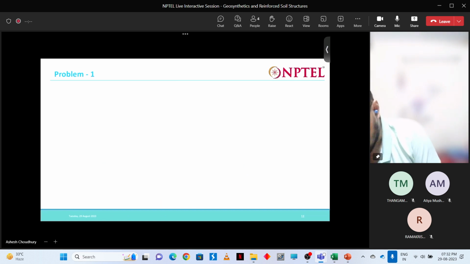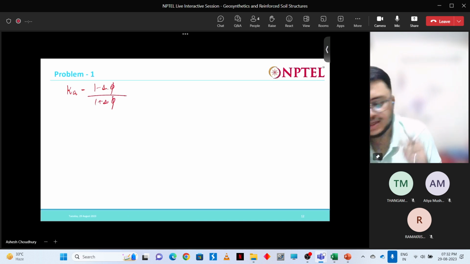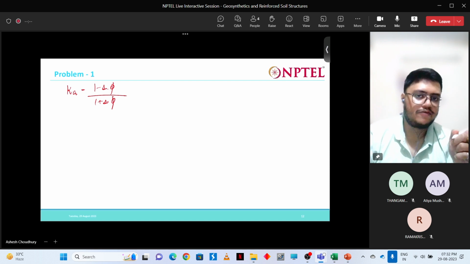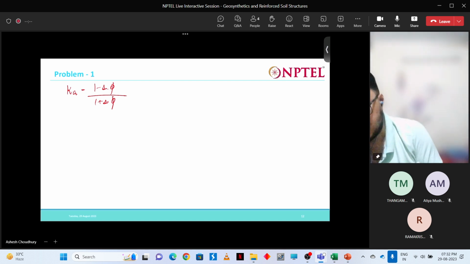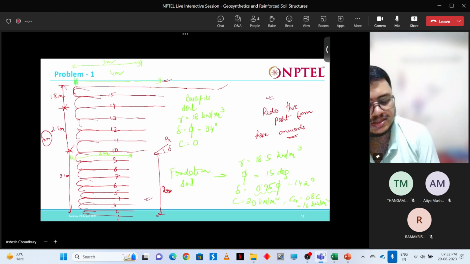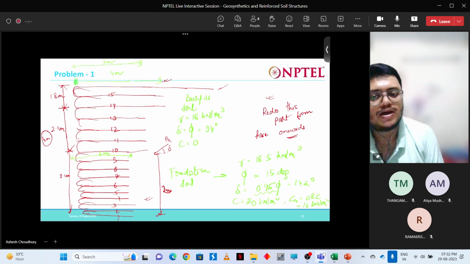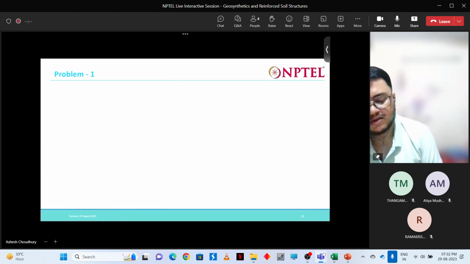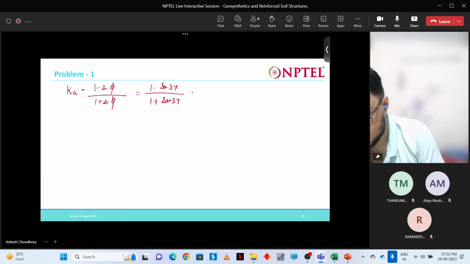Now let us calculate. K is 1 minus sine phi by 1 plus sine phi. Here, phi is the backfill soil's phi. So 1 minus sine 34 by 1 plus sine 34. For the backfill soil this phi is 34 degrees, and for the reinforced soil the phi was 36 degrees. This will be 0.28.